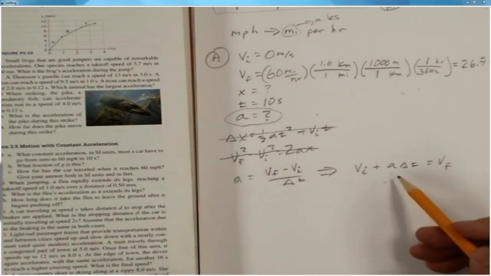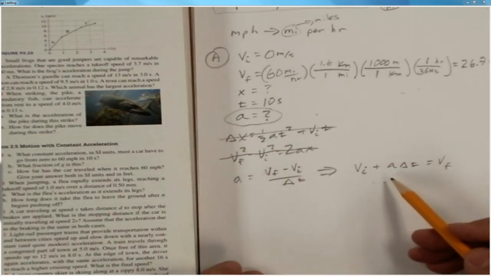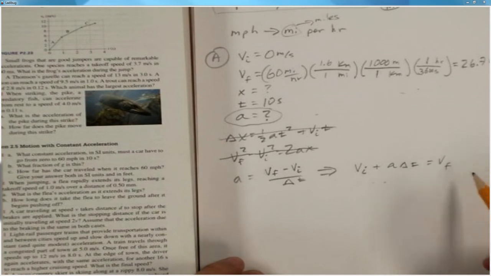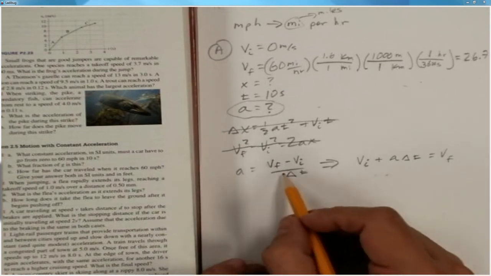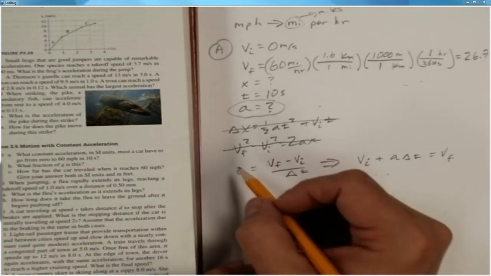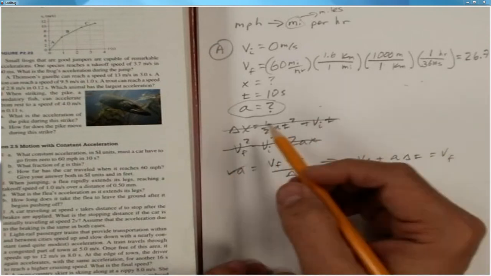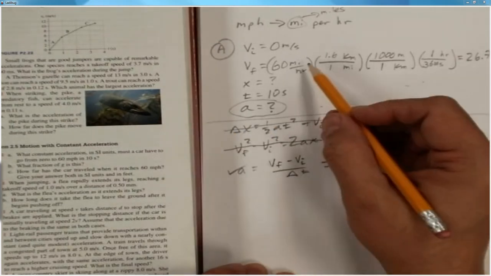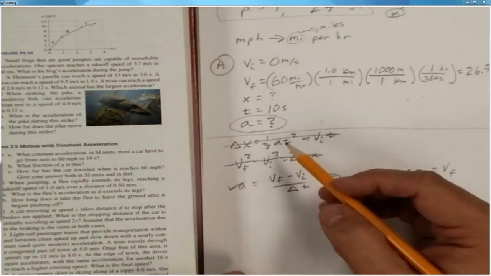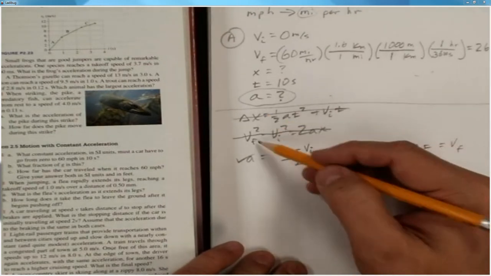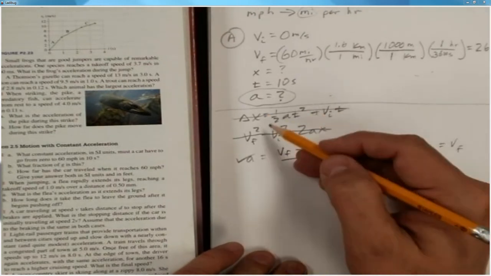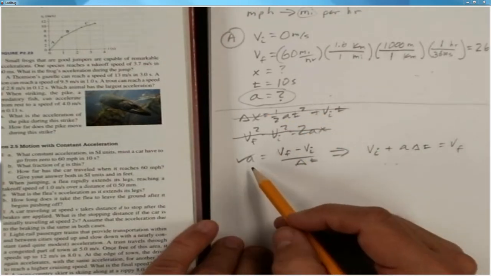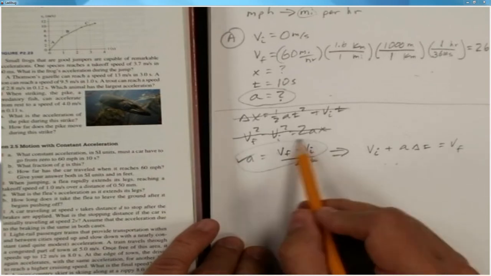Well, then this will be the easy one for me down here, because I have VF and VI and T. And I'm looking for A, so I can just use this equation. So my first step, I write down my 5 kinematic variables. My second step, I write down my kinematic equations and sort through them and find which one is going to work for me. This one looks good.